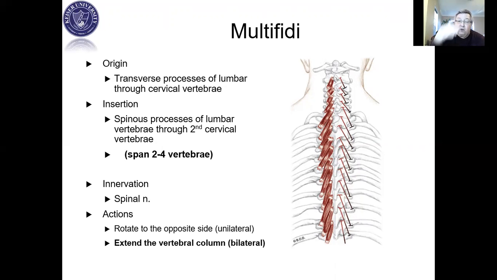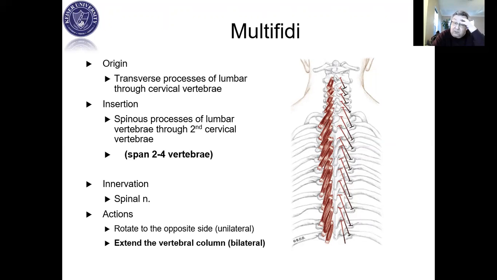So it goes from one vertebra above to somewhere below it, 2 to 4 vertebrae away from that area. So these are small muscles that basically go from the cervical area to the lumbar area and allow for extension of the vertebral column.